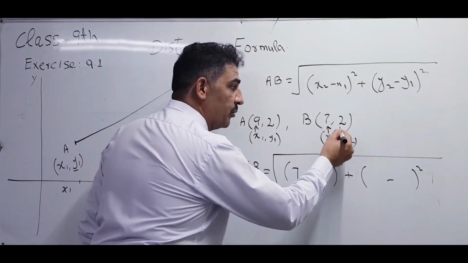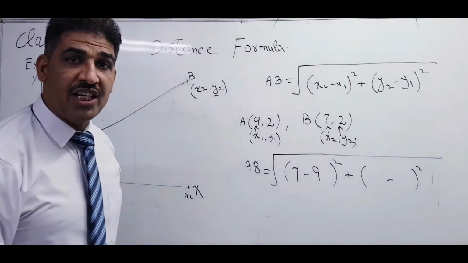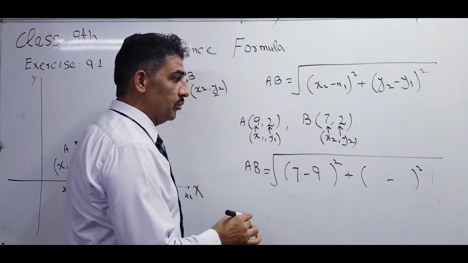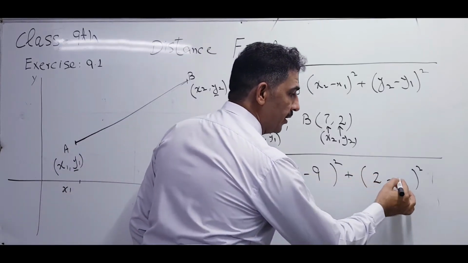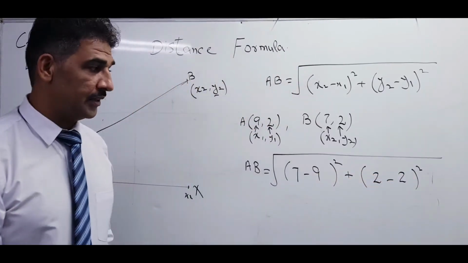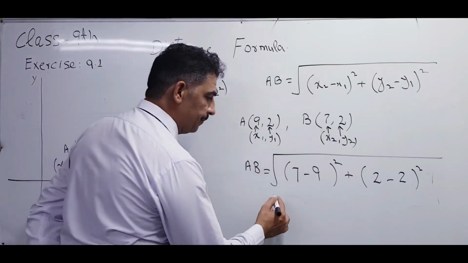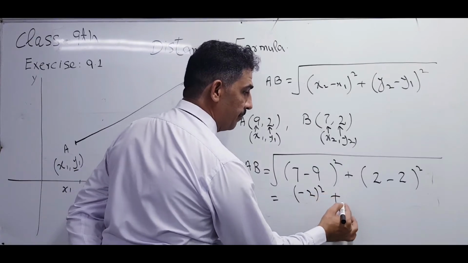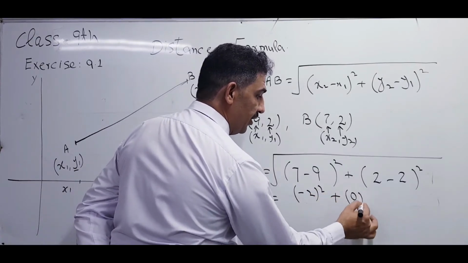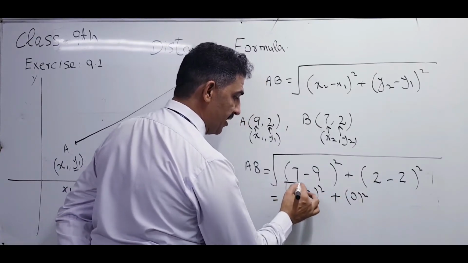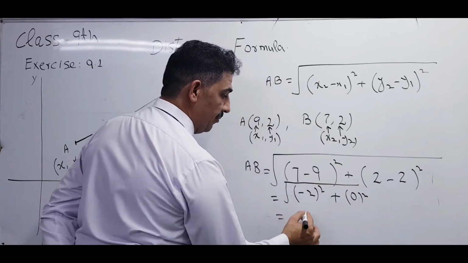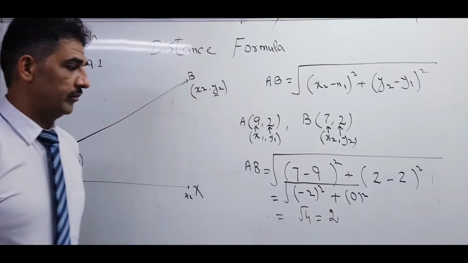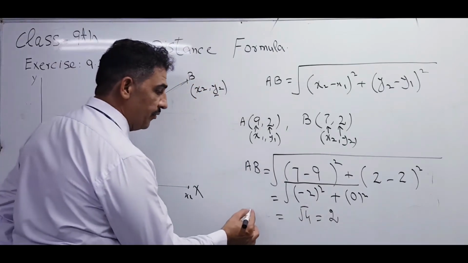The value of y2 is 2, and the value of y1, what is that? 2. So 2 minus 2. Correct? Simplify: 7 minus 9, whole square, plus 2 minus 2, whole square. 0 squared is 0, the root will remain the same. It will become 4, and the root of 4 is equal to 2. Correct? That is the distance of AB.